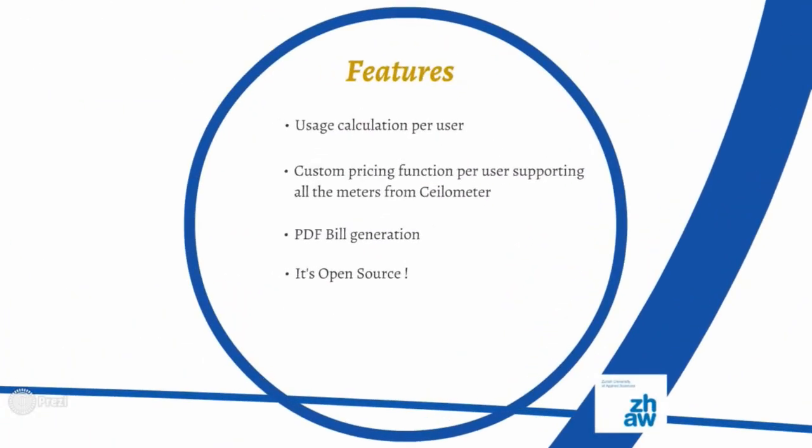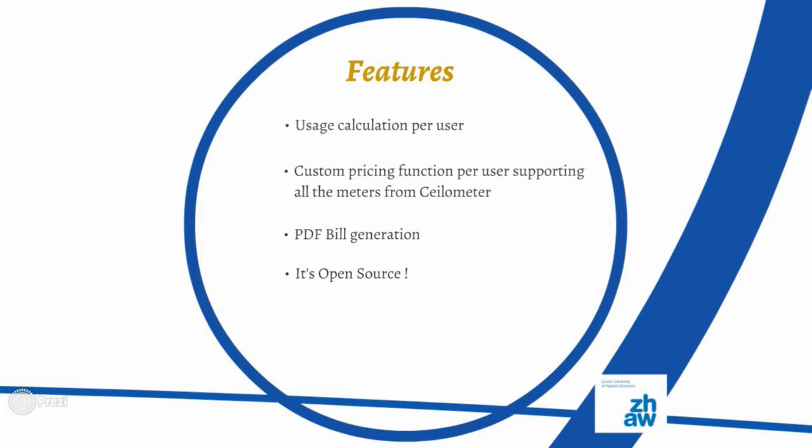What we did was create a standalone system which could calculate the usage of a user for whatever resources. It could be CPU utilization, it could be memory usage, it could be something to do with networking, bytes in, bytes out.